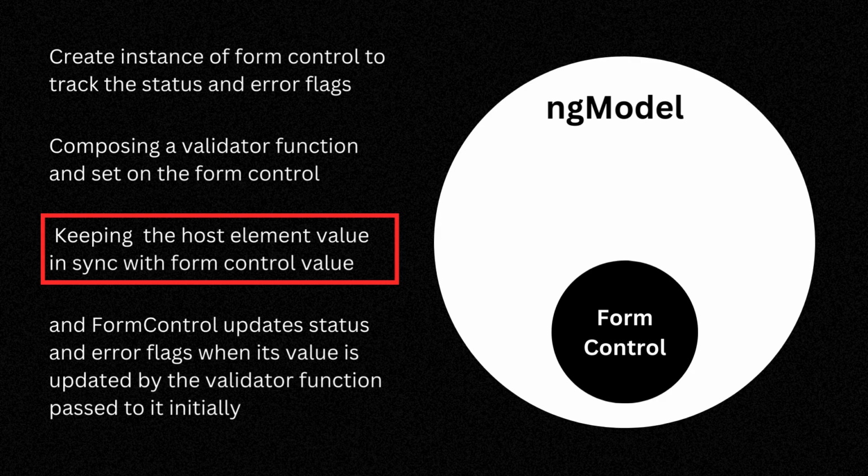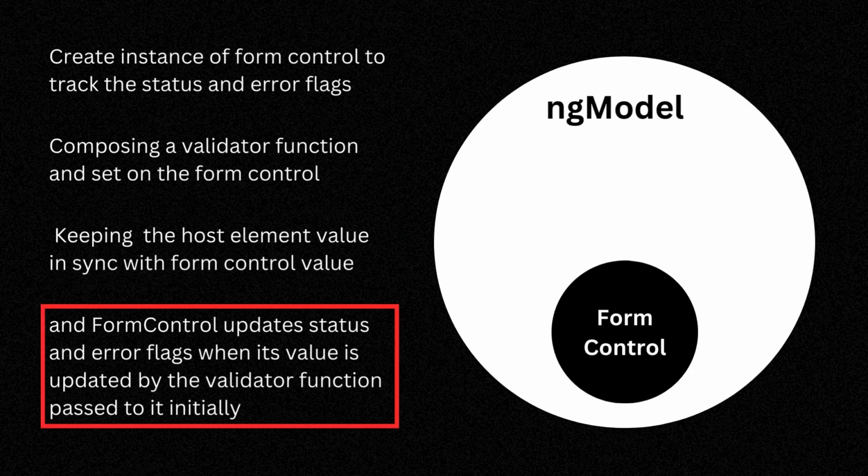Now why do we need to keep the form control in sync? Because every time you call setValue on the form control, it will revalidate, it will update the value and validity, right? You must have heard about this very common function, updateValueAndValidity. That is what it does, it will update the value and all the status flags on the form control.